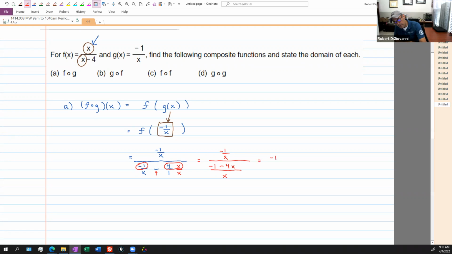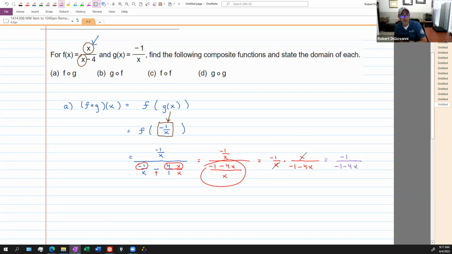So I can write -1 over x times, now I write this fraction but flipped over. So x over -1 minus 4x. And notice that the x's can cancel now. And so we will have -1 over -1 minus 4x.